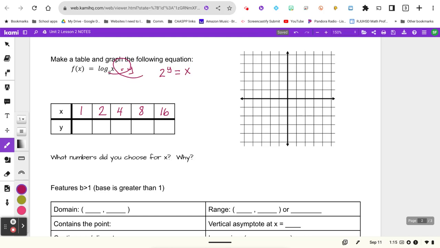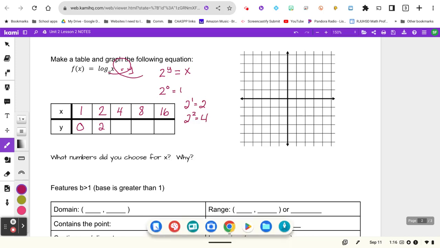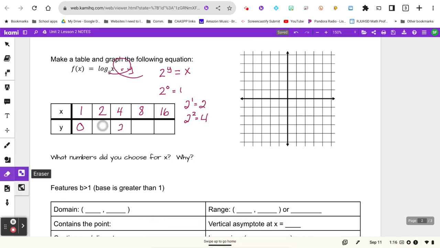So if I change it to exponential, 2 to the 0, we know that would be 1. 2 to the first power would give me 2. 2 to the second power would give me 4. Sorry, this should be a 1. And then 2 cubed will give me 8. 2 to the fourth will give me 16.